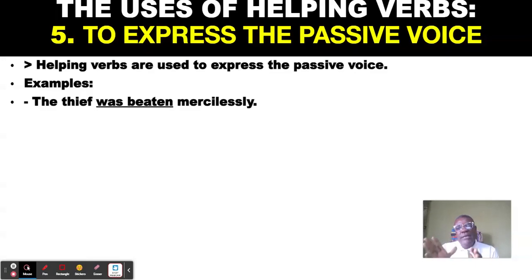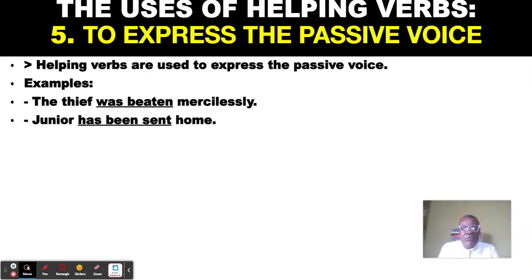But when the subject is the receiver of the action, when the action is done to the subject, then that is the passive voice. The thief was beaten. It wasn't the thief that beat people, it was the thief that was beaten. So we use the helping verb together with the past participle of the main verb to form the passive voice here. The thief was beaten mercilessly.